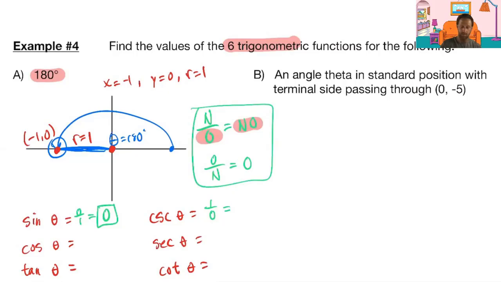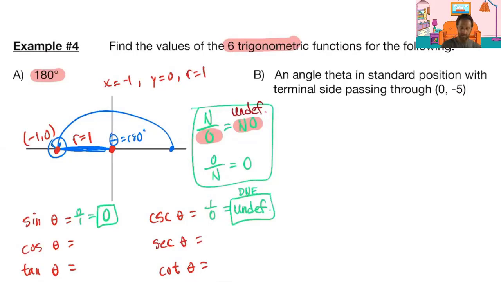Can't do it. We say it is what is called undefined. All right. So in this case, that's what we would have to put as our answer. Or some people will put DNE. It does not exist, but undefined is the proper solution.